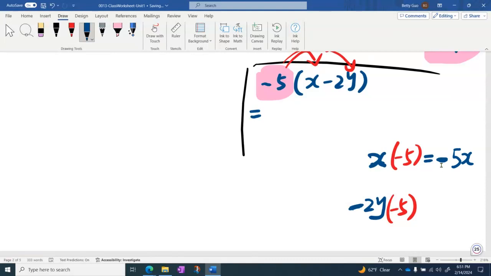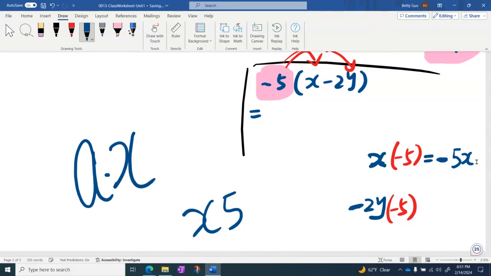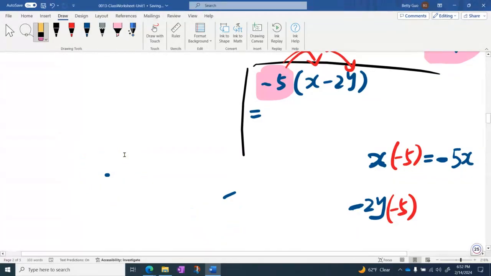We don't really write x times 5, because remember, the first type of term looks like a number times a variable. We write the number in front of the variable. So the result of x times negative 5 is negative 5x.